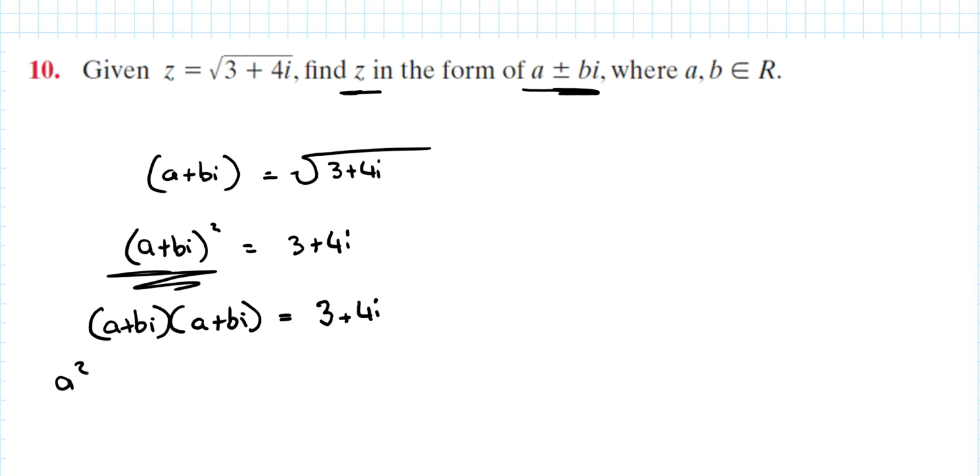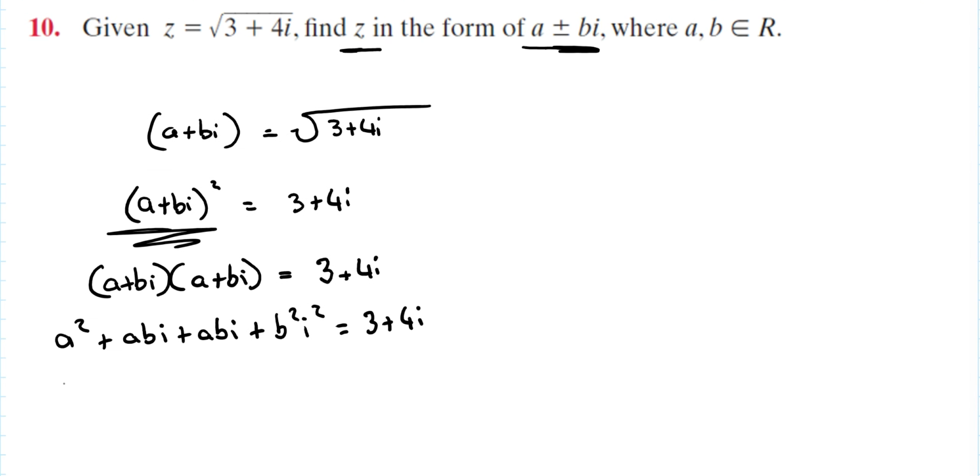A by a is a squared plus abi plus abi plus b squared i squared is equal to 3 plus 4i. Okay, well, group the things that have i's and what don't have i's. So a squared plus 2abi minus b squared.